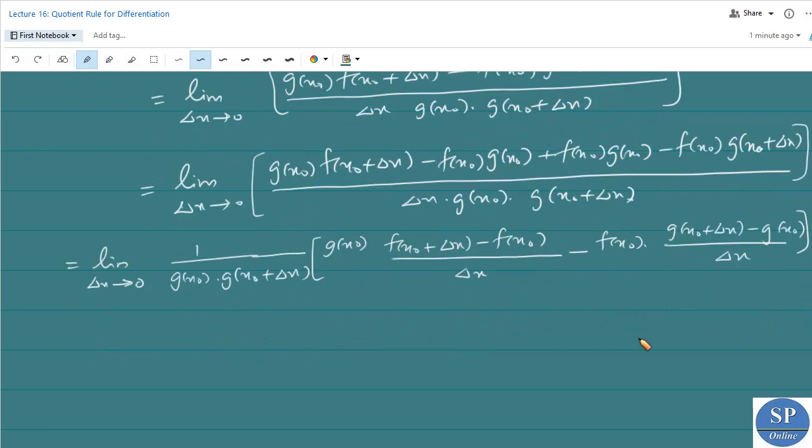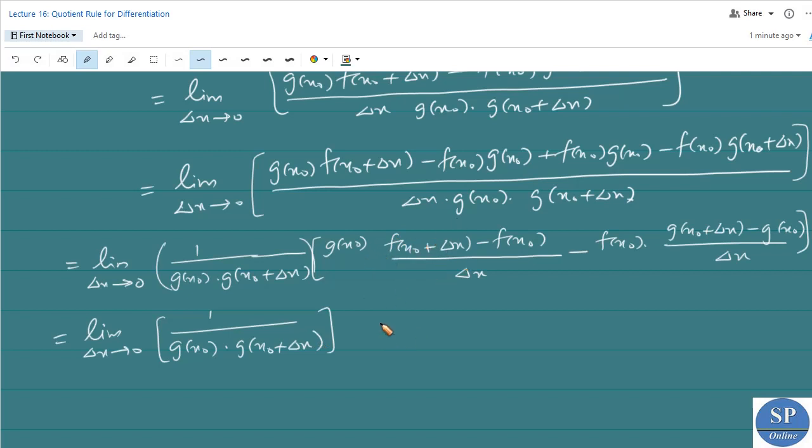So this can be written as limit of this into limit of this. So we have limit delta x approaches 0 of 1 by g of x naught into g of x naught plus delta x, into limit of this.